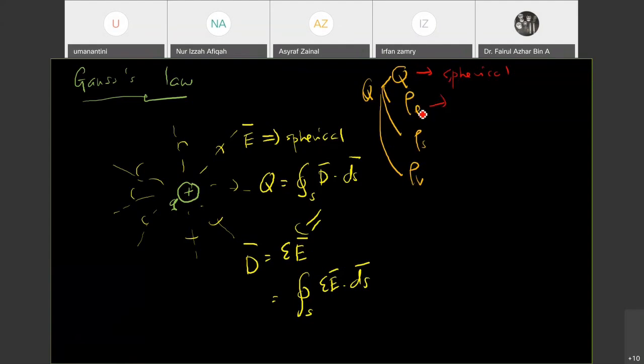If the charge exists as a line charge density, then definitely we need to use cylindrical.